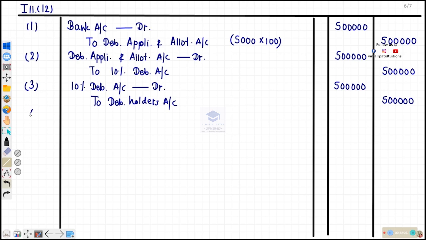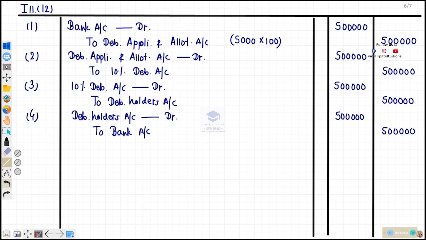And at the time of payment, debenture holder's account debited to bank, five lakh.